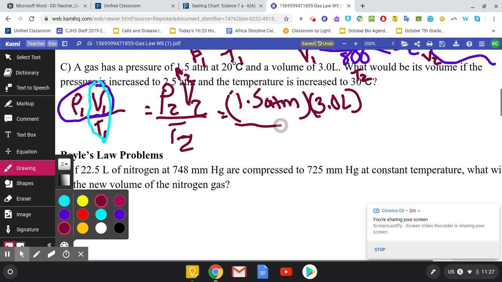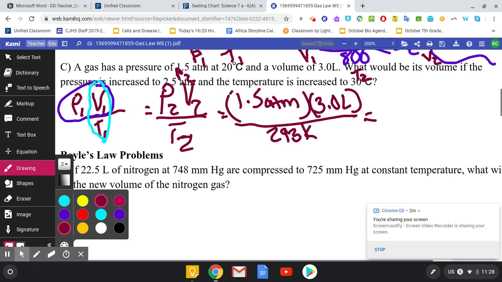And then we divide it by our T1. Now, I hope you realize that's in Celsius. As you remember from before, whenever we are dealing with gas laws, we need to make sure that we convert that temperature into Kelvin. So if we take 273 plus 20 degrees Celsius, we're at 293 Kelvin.